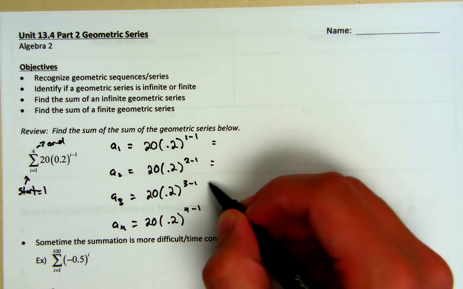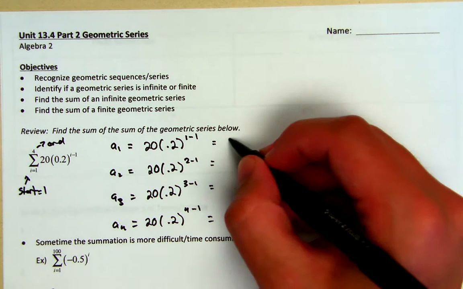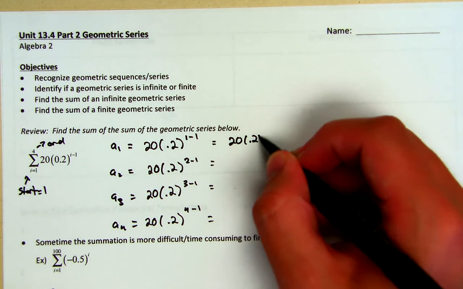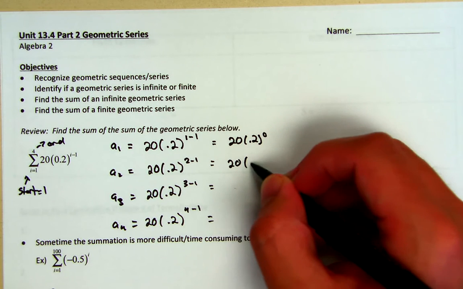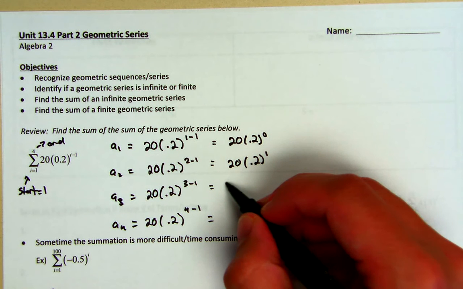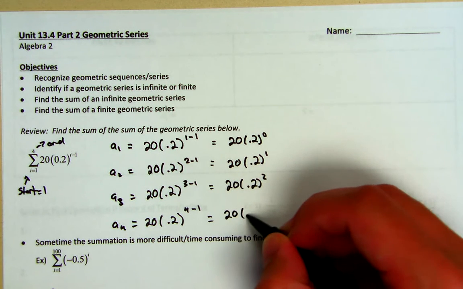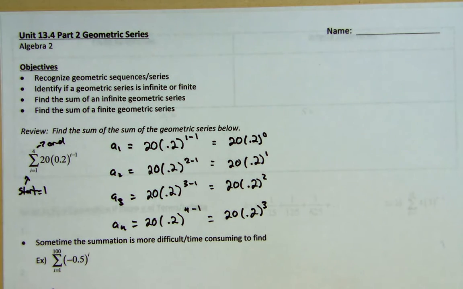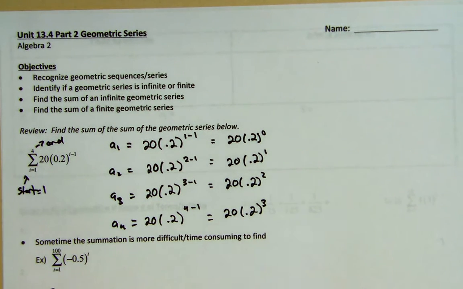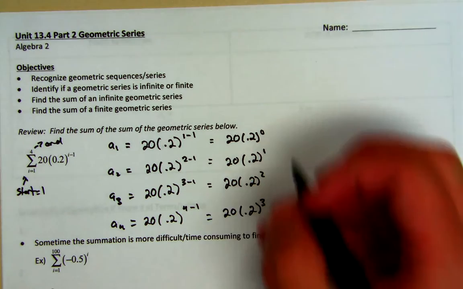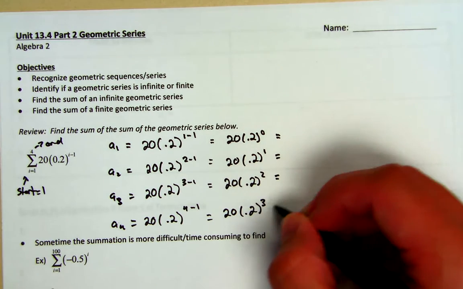So simplify these a little bit, again by hand: 20 times 0.2 to the 0, 20 times 0.2 to the first, 20 times 0.2 squared, and 20 times 0.2 cubed. Again, this is where you'd go to your calculator, enter them in to find what it equals, and we'll get some things here.